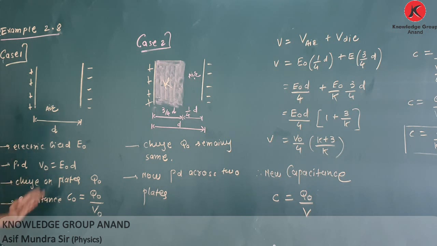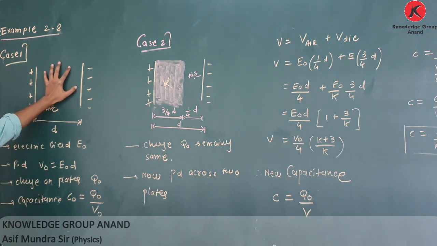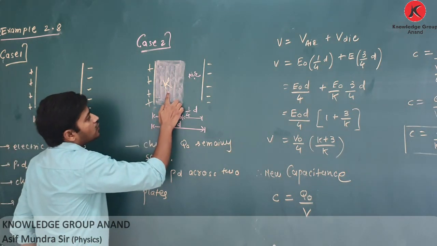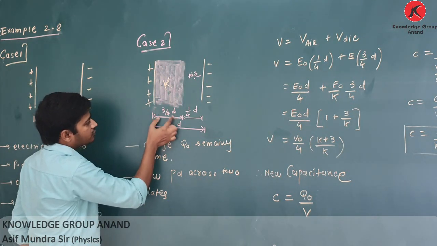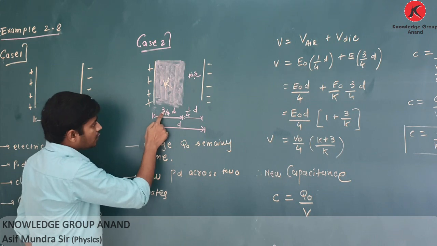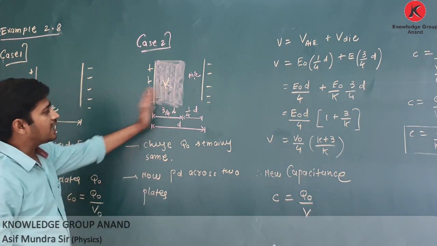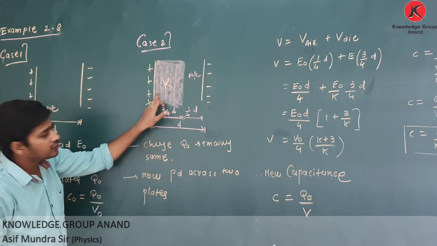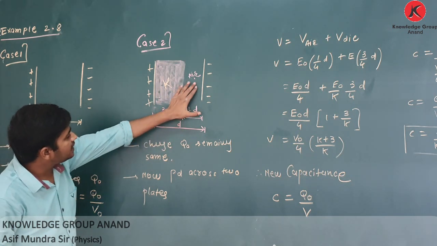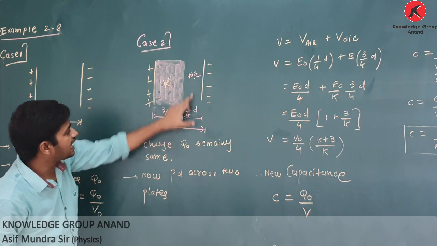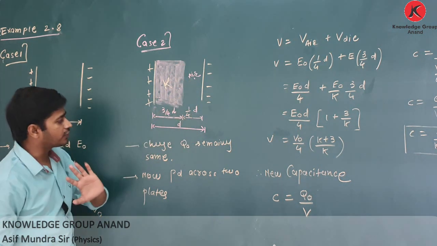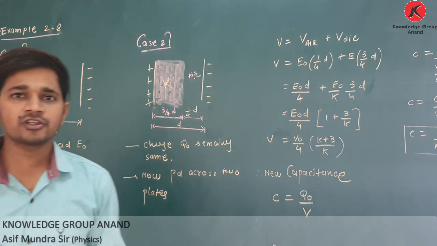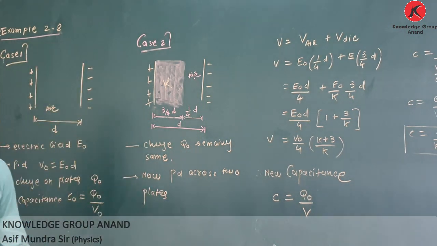Now, when this air medium is replaced like this, another dielectric of constant K and thickness 3D by 4 is inserted like this. So see, the total distance is D. If the thickness of this dielectric is 3D by 4, then in this region there is air with a thickness of D by 4. Clear? Now, the charge on the plates of the capacitor depends on the battery.